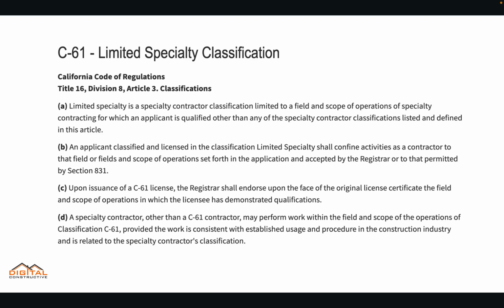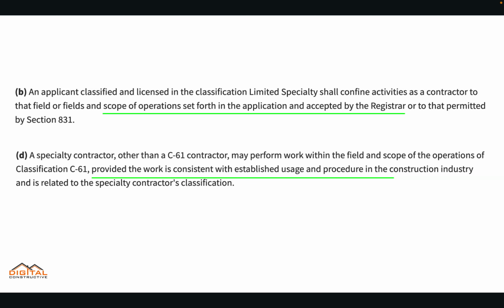Now the D-28 falls under the C61 limited specialty umbrella, and I've got this definition linked below. Definitely take a look at it. However, we're going to look at two more pertinent points to this video. An applicant classified and licensed in the classification limited specialty shall confine activities as a contractor to that field or fields and scope of operations set forth in the application and accepted by the registrar, or to that permitted by section 831.